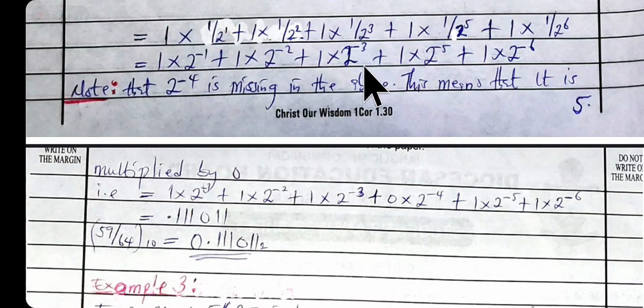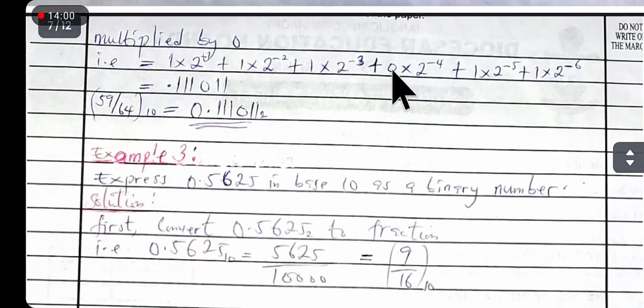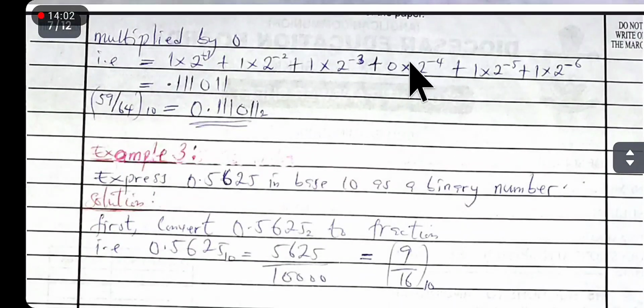In between 1 times 2 raised to power minus 3 and 1 times 2 raised to power minus 5, there is something times 2 raised to power minus 4, and that thing is 0. Look at it, 0 times 2 raised to power minus 4, because 0 times this whole thing is still 0.